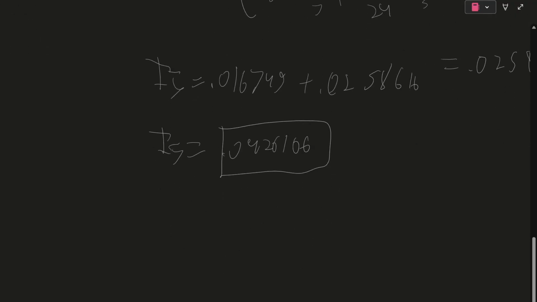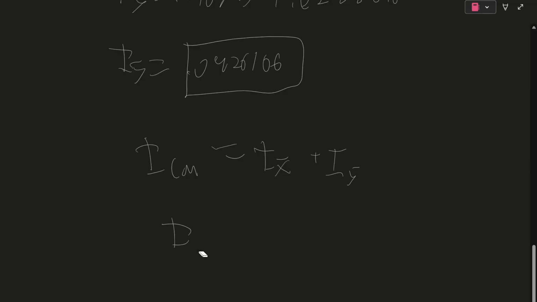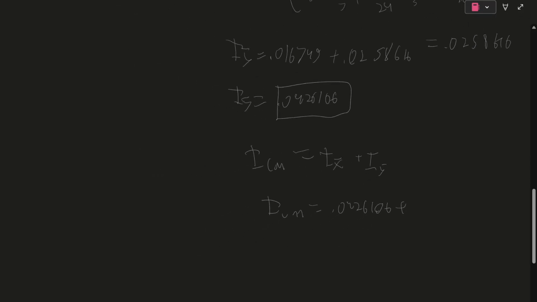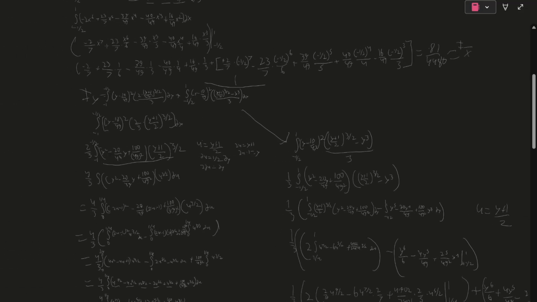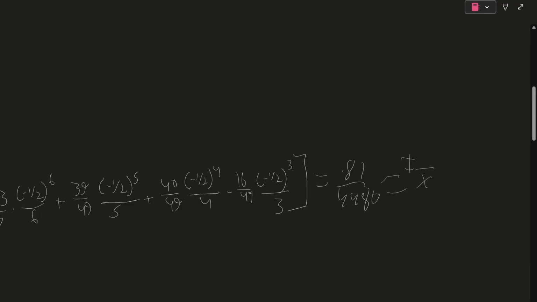And now I can use our moment of inertia formula. I sub the center of mass is equal to our moment of inertia about our x value plus our moment of inertia about our y value, and we get moment of inertia about the center of mass is equal to 0.0426106 plus the moment of inertia about our x, 81/4,480.